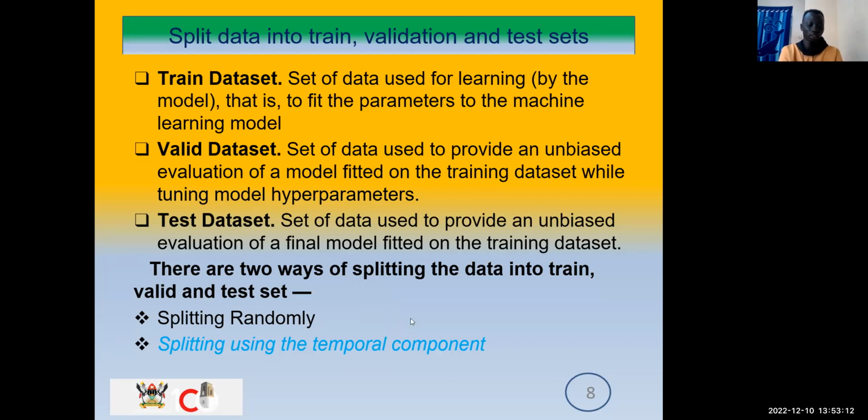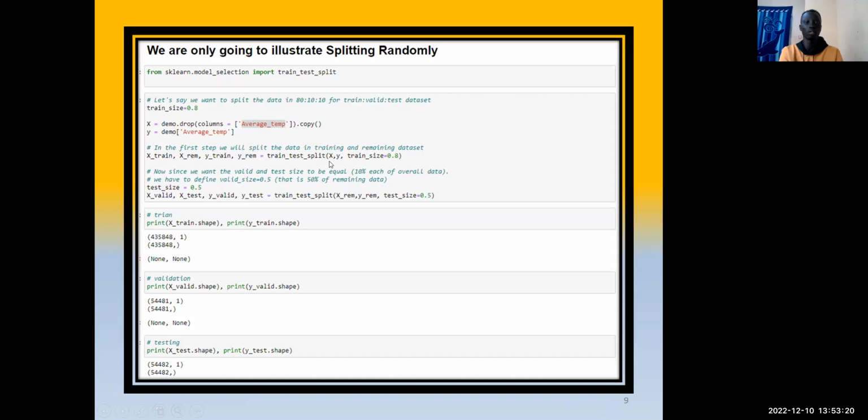There are two techniques that we can use: splitting randomly, and splitting using the temporal component. Here we are going to illustrate only splitting randomly. So when we go through this kind of algorithm, we are going to have outputs for the train data, then outputs for the validation data, and also for the testing data.